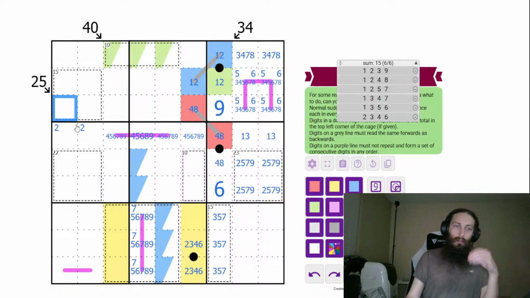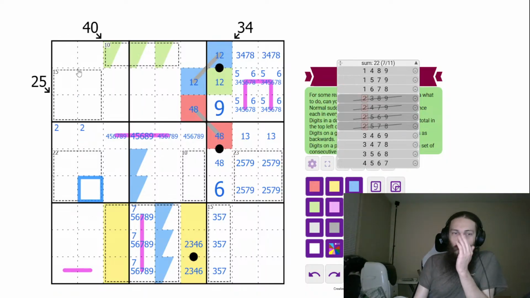Did the 15 and the 22 have to overlap in any way?